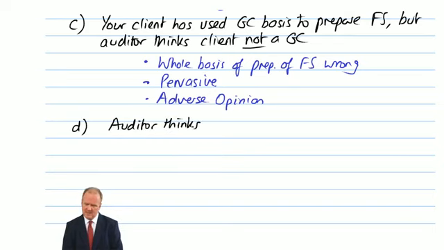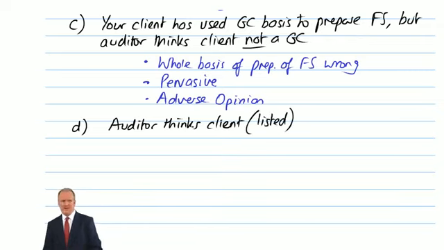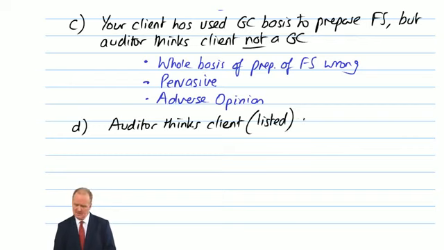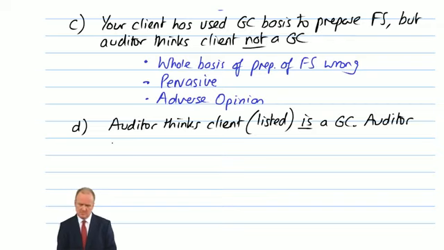Auditor thinks client, which is listed, by the way, which probably tells you where I'm heading with this one, is a going concern. Auditor spotted a threat to going concern.